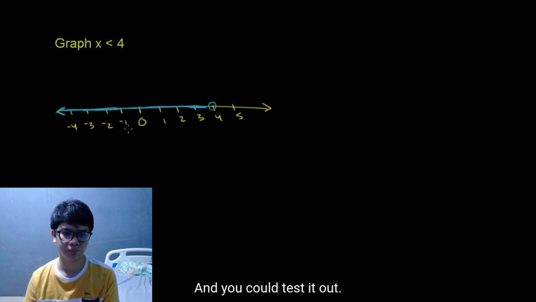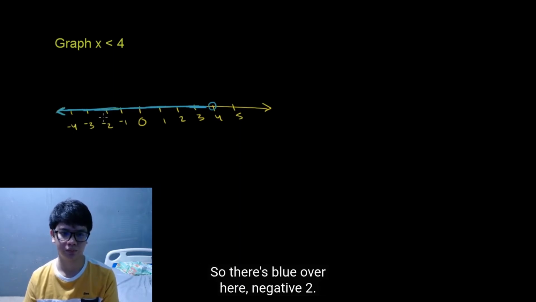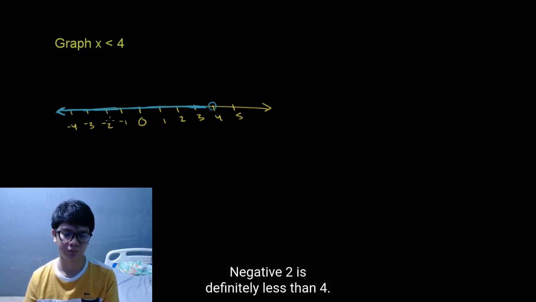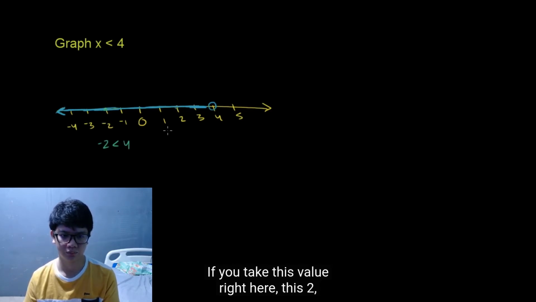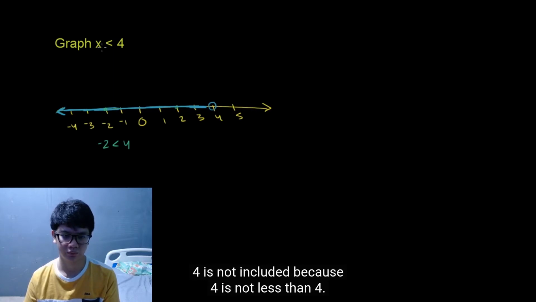And you can test it out. Take any value where there's blue. So there's blue over here, negative 2. Negative 2 is definitely less than 4. If you take this value right here, this 2, it's definitely less than 4. 4 is not included because 4 is not less than 4.